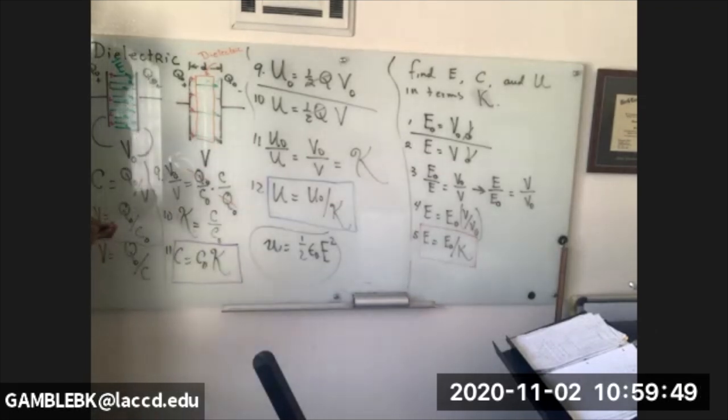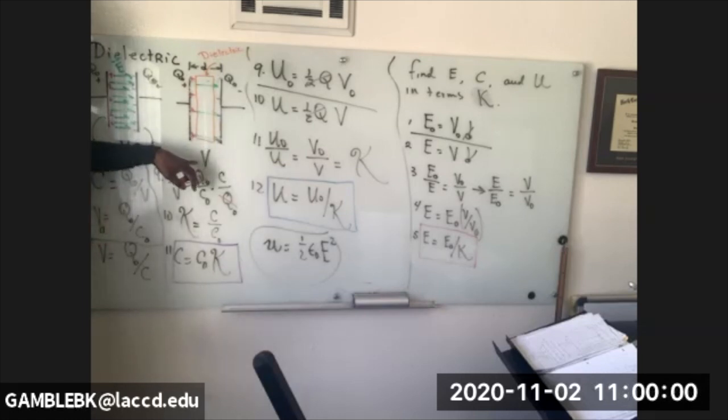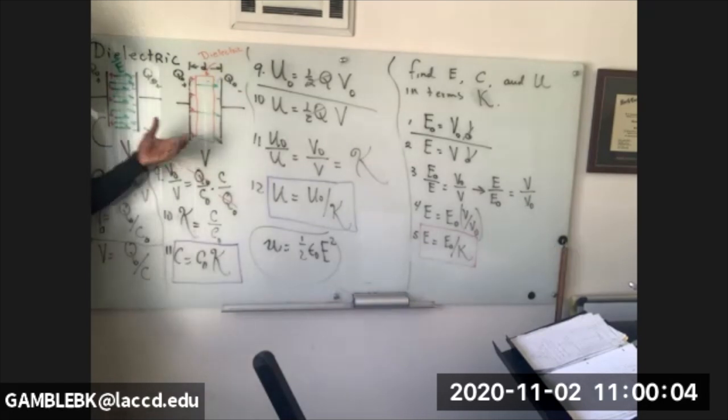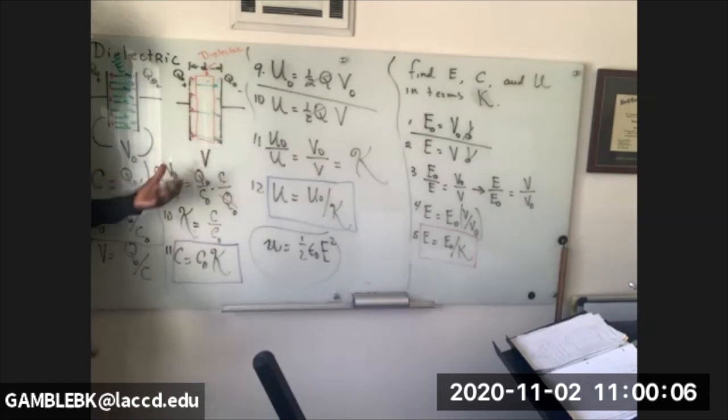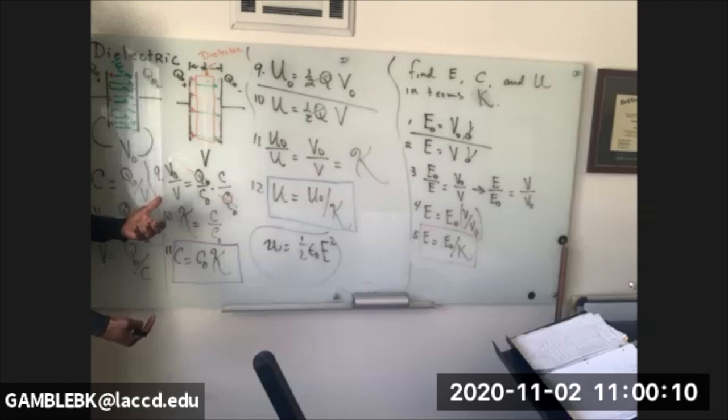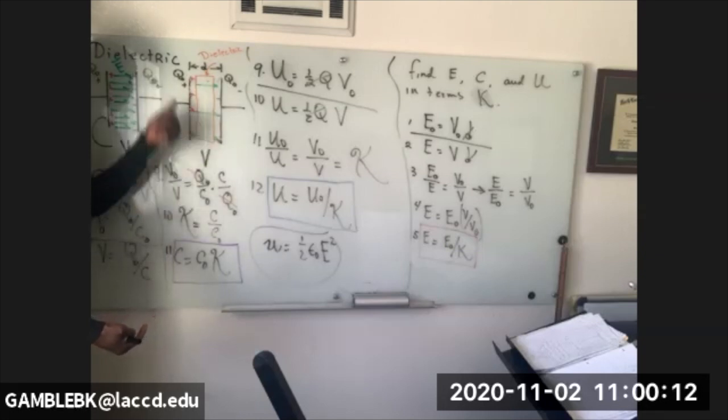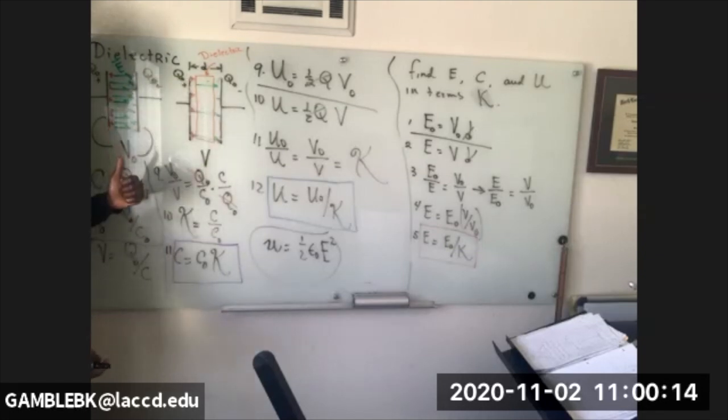But I take it out and then I put a dielectric in, and for the same amount of charge, the voltage now is less than the voltage V naught, which means that the capacitor with the dielectric has a smaller voltage than the voltage of the battery for the same amount of charge.